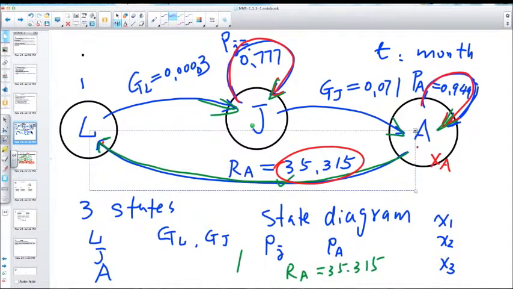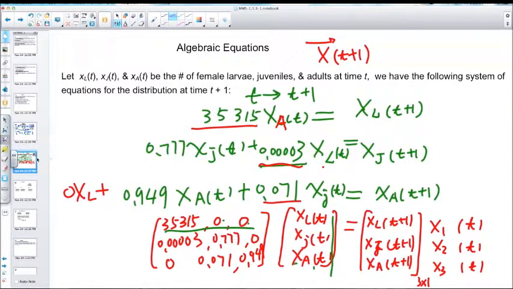So in my model, I apologize, I made a mistake. That's A. So that one needs to change. We need to change this into 0, 0, and here the 35,315.